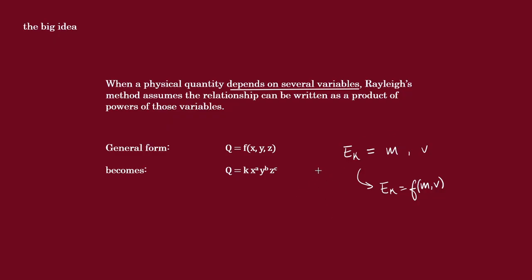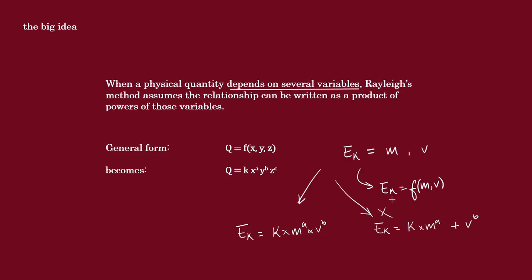Rayleigh's method works with one product term. So the kinetic energy, if we're solving this with Rayleigh's, will be some constant times mass raised to some power times velocity raised to some power. It is not going to be able to solve for a formula that says, let's say you have a constant times mass raised to some power plus velocity raised to some other power.